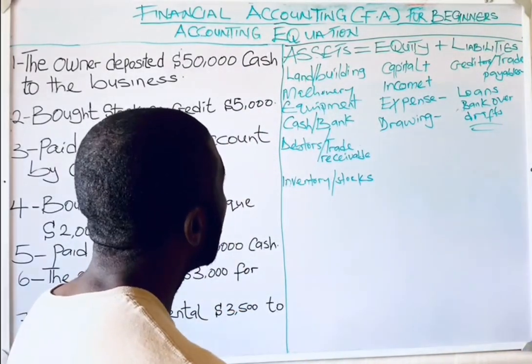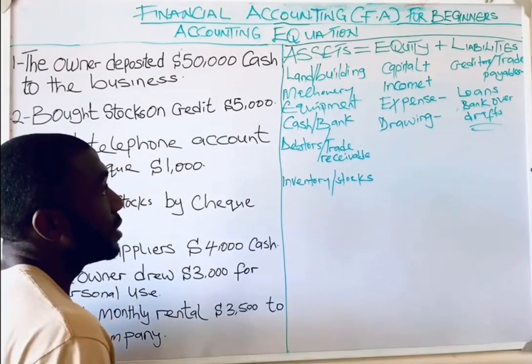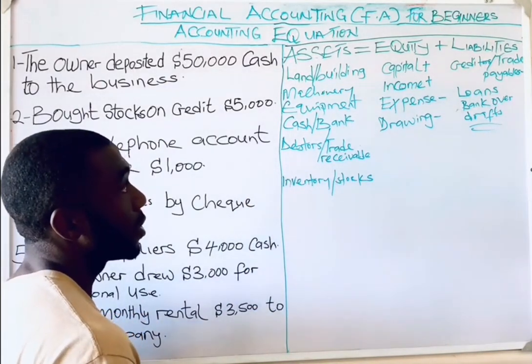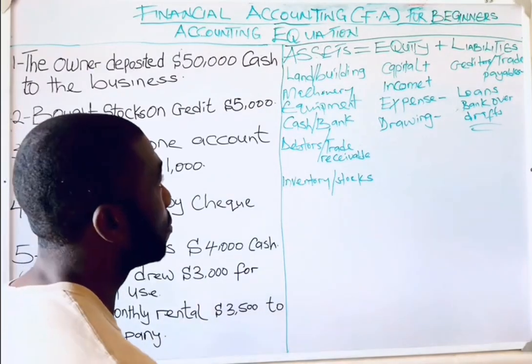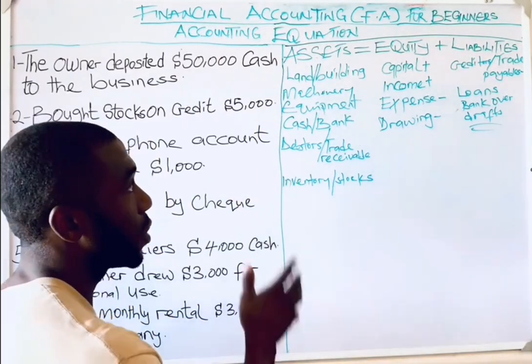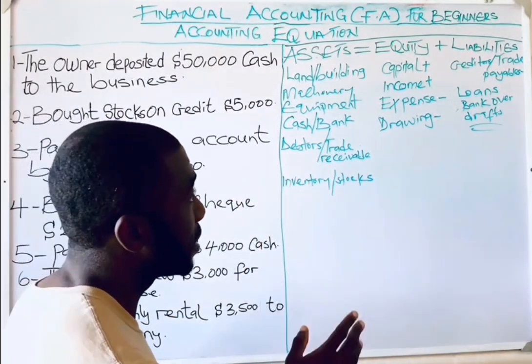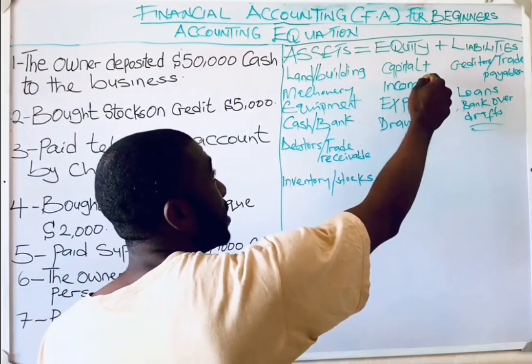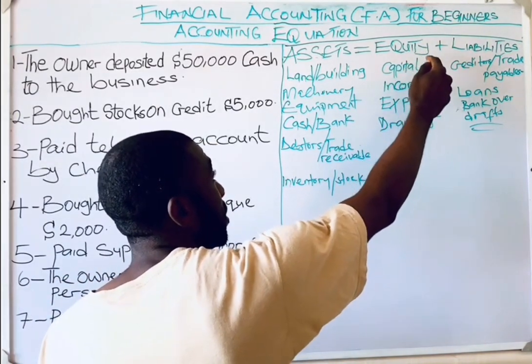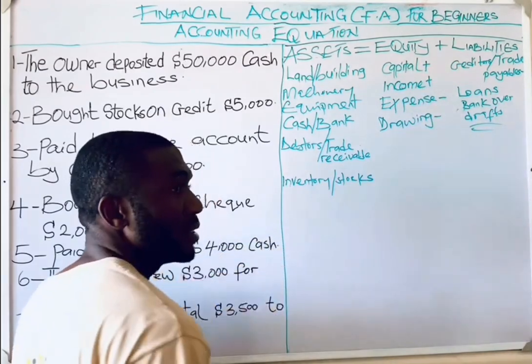Please take note of this, put it down, because they are very important and necessary in accounting. You must know your assets, your equity, and your liability. And you must take note of those items that increase your equity and those that decrease it.